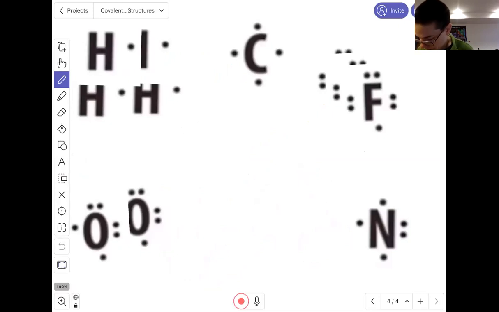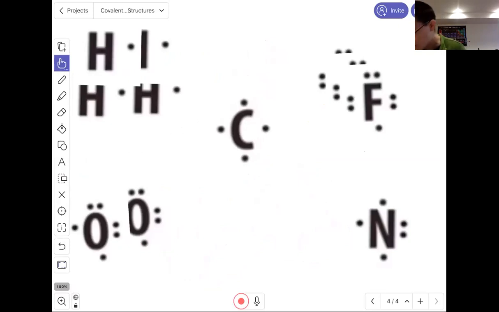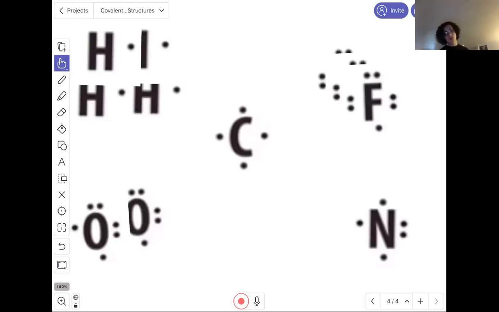So, let's see here. If I wanted to put this carbon together with some hydrogens, how many spots does carbon have to be able to bond if I look at this guy right here? 4, right? It can put another electron at the top, the left, the right, and the bottom.